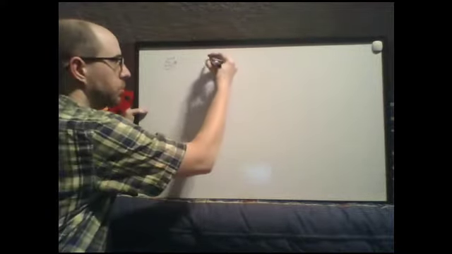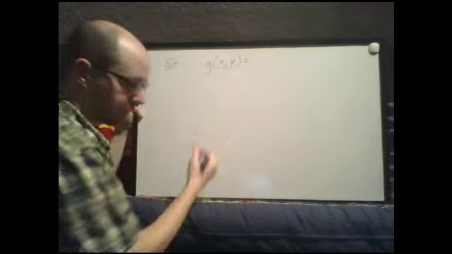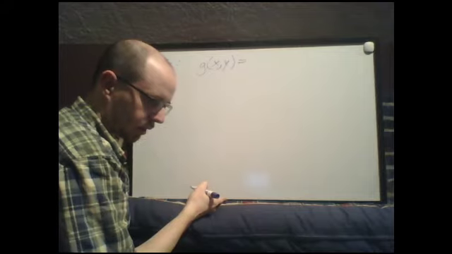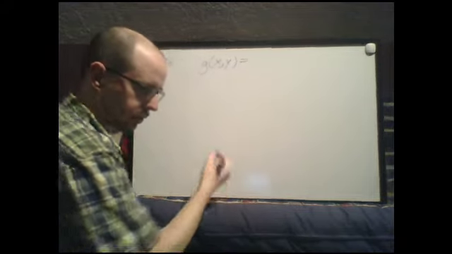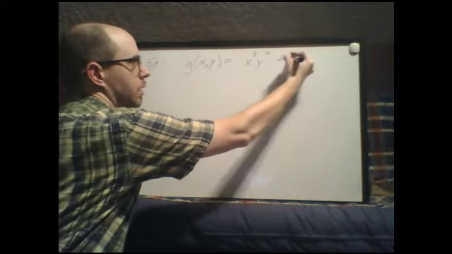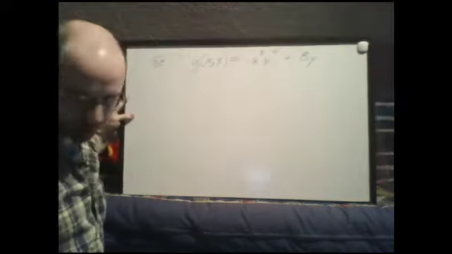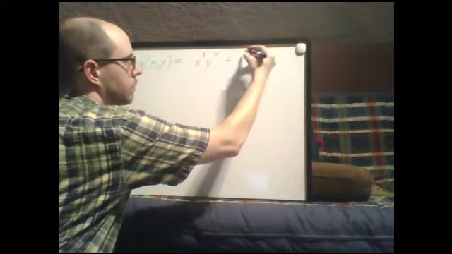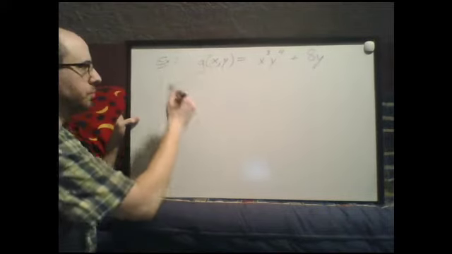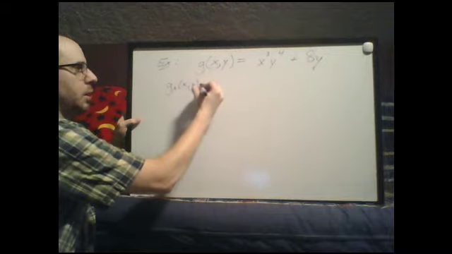So g of x, y is x cubed y to the fourth plus 8y. That's an 8. So g sub x of x, y.